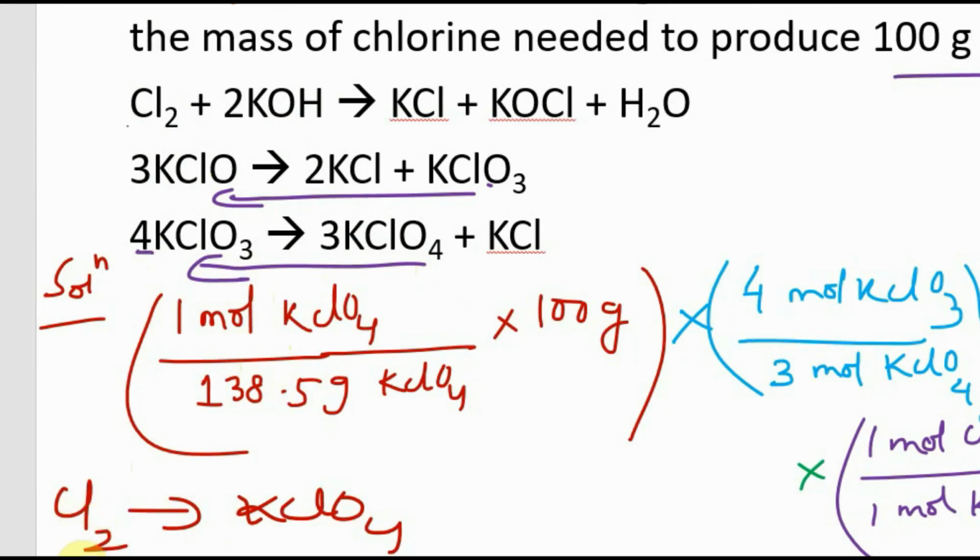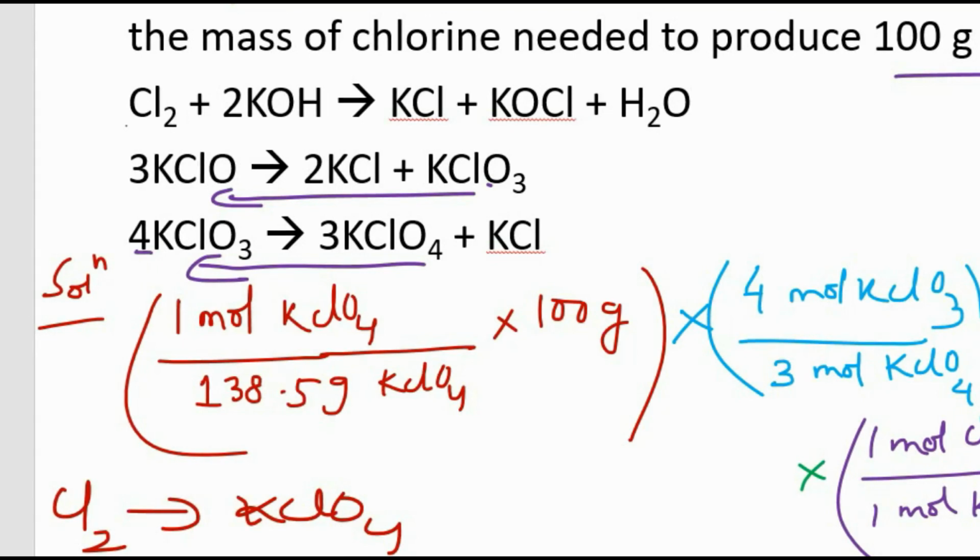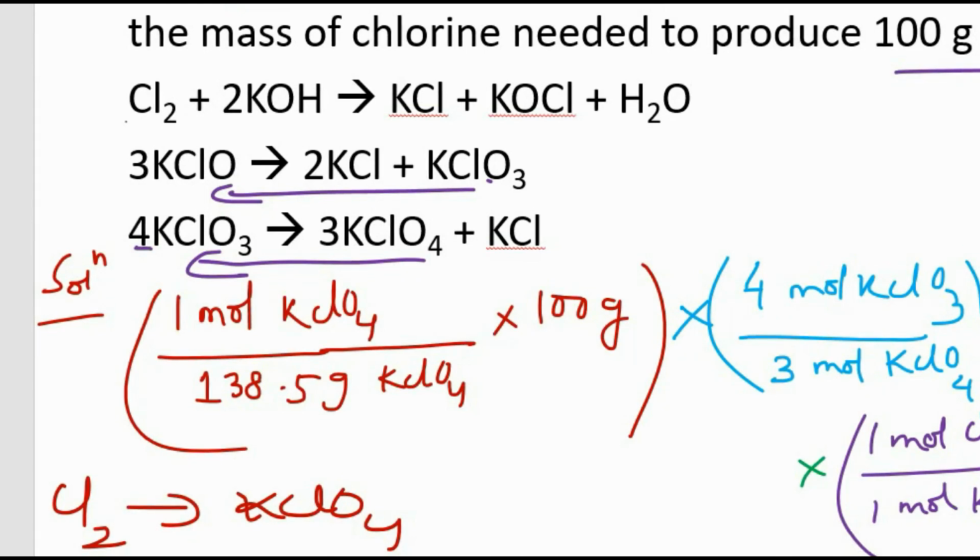So the number of moles of chlorine, say X into 2, is equal to the number of moles of this, which is already given, 100 by 138.5 into chlorine is 1. So the number of moles of chlorine will be equal to 50 by 138.5. So how much is it coming?